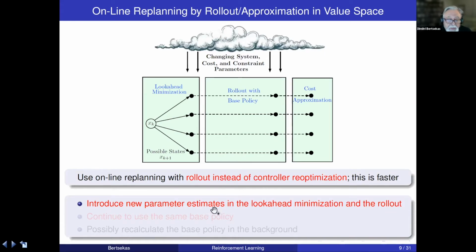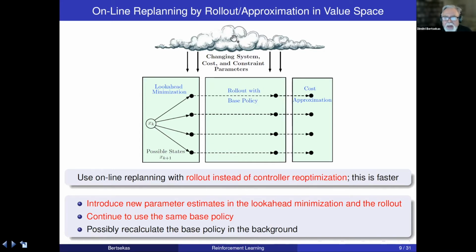And as the parameters change, the look-ahead minimization adapts itself, but it can continue to use the same base policy for rollout. And there's also the possibility of recalculating the base policy in the background.